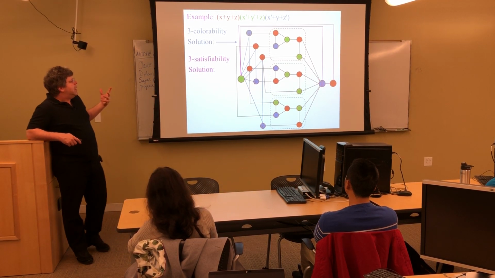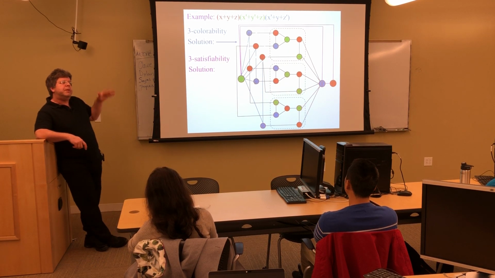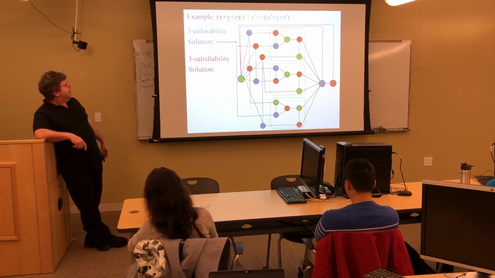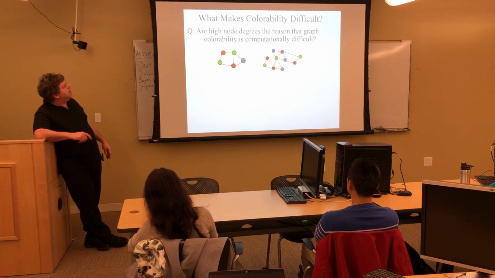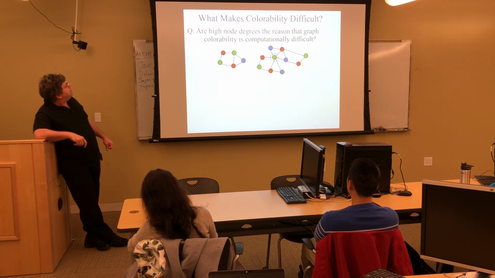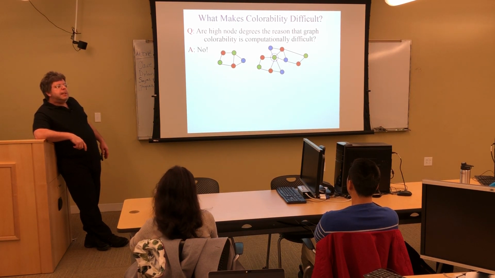So now we'll try to explore the boundaries of intractability here with respect to graph colorability. When does the problem become hard? What if all the degrees were small? Maybe a large degree is the problem. Because if you reduce the degrees enough, the problem does trivialize.